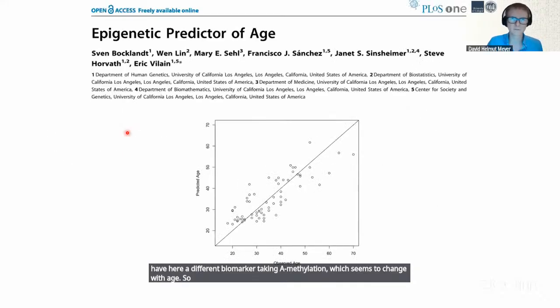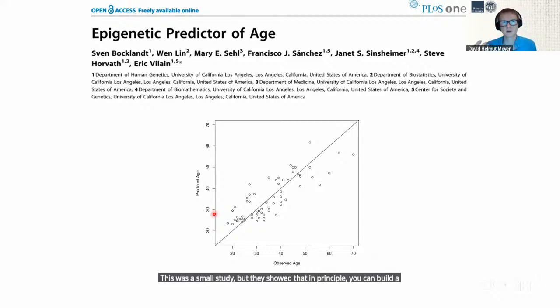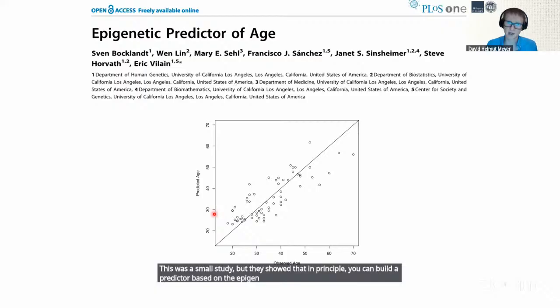So it didn't take long for the first epigenetic predictor of age from Bocklandt et al. This was a small study, but they showed that in principle, you can build a predictor based on the epigenome, on DNA methylation, that is fairly decently able to predict the chronological age.